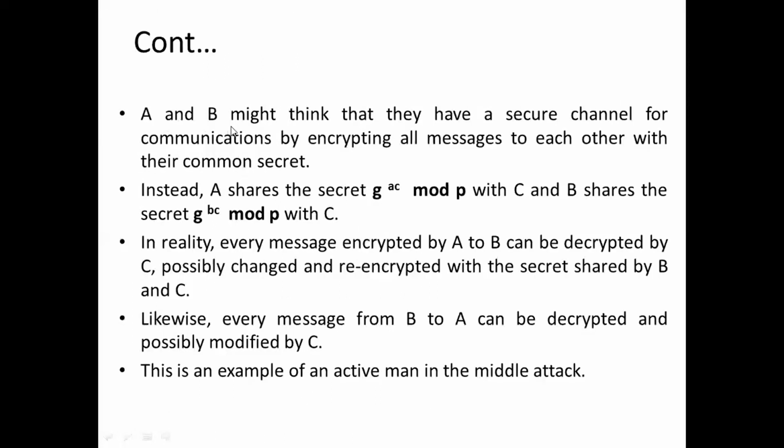Now both A and B might think they have a secure channel for communication, encrypting all messages to each other with a common secret. Instead, A shares a secret with C and B shares a secret with C. In reality, every message encrypted by A to B can be decrypted by C, possibly changed, and re-encrypted with the secret shared by B and C. Likewise, every message from B to A can also be decrypted and possibly modified.